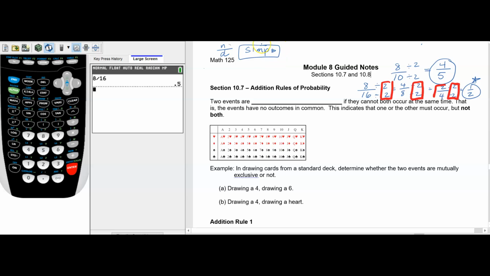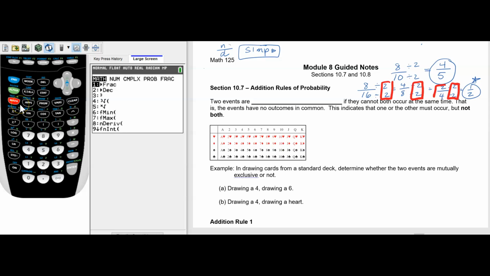And if you press that, it should simplify it for you. And then on the graphing calculator, if you want to simplify, let's go back to the graphing calculator. We did 8 over 16, we got 0.5. If you hit the math button and then enter, so that you're selecting that fraction option, and then enter again, it gives you the reduced fraction.